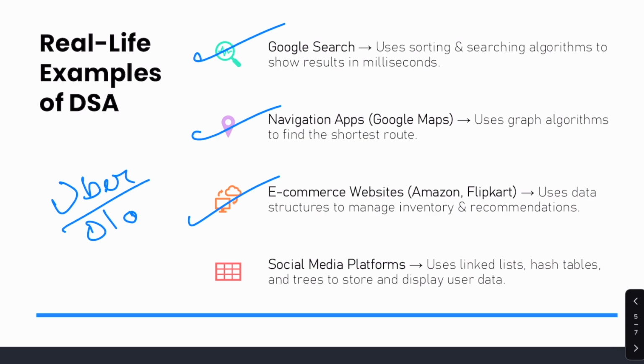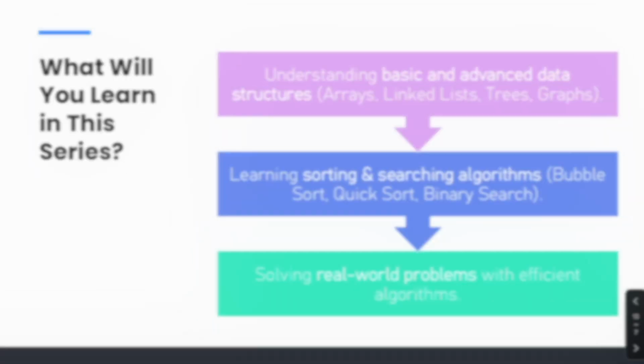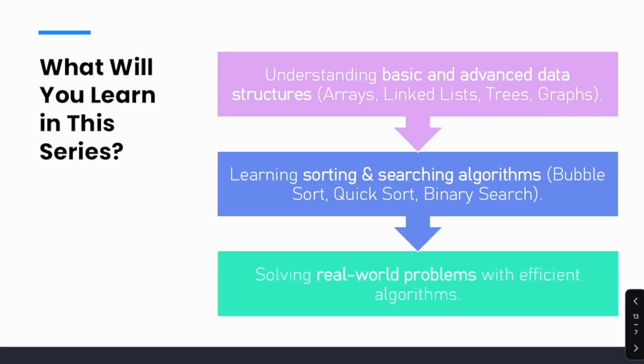Okay, so let's move to the next. Now you understand why DSA is important, and here is what you will learn in this series. We will start with the basic data structures like arrays and linked lists. Then we will move onto advanced topics like trees and graphs.